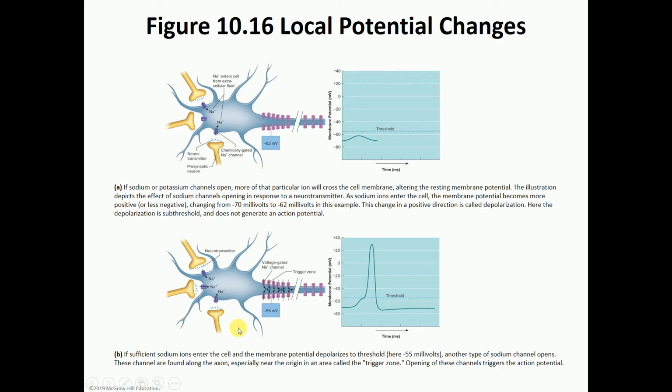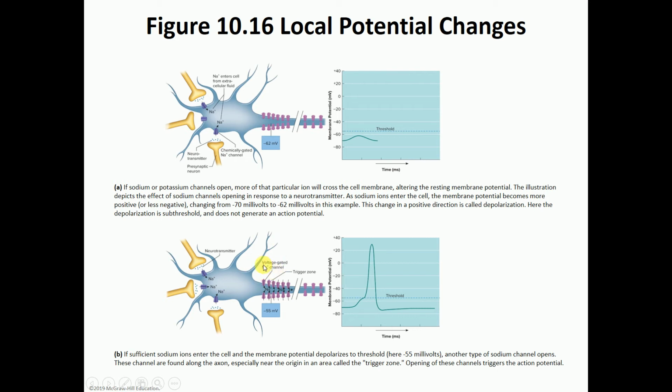But if the stimulus was strong enough and we opened up enough of these chemically gated sodium channels where lots of sodium came in, enough to get us up to this threshold stimulus of -55, that will lead to the activation of your second kind of channels. Those are known as voltage-gated sodium channels.